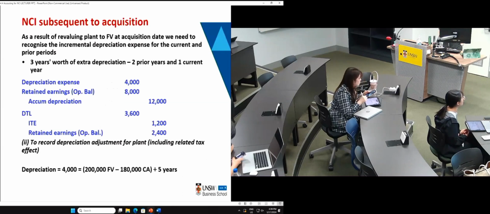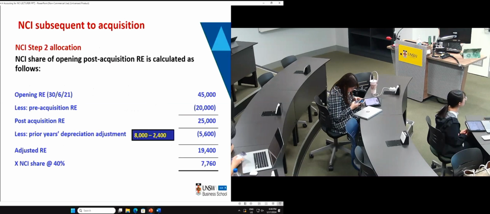Now, then this is the additional depreciation adjustment in relation to the assets recorded by the subsidiary, right? And these two-line adjustments of the opening retained earnings reduce the subsidiary's retained earnings balance by 5,600. And we should take these adjustments into account when calculating the NCI share of the post-acquisition retained earnings in the second step.